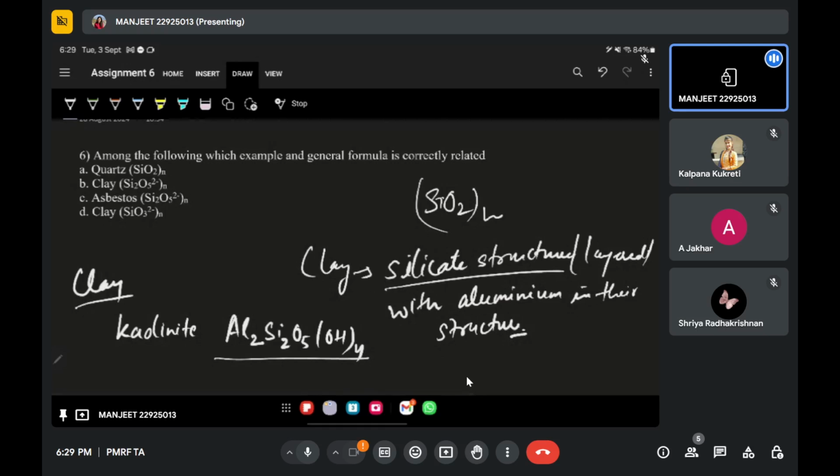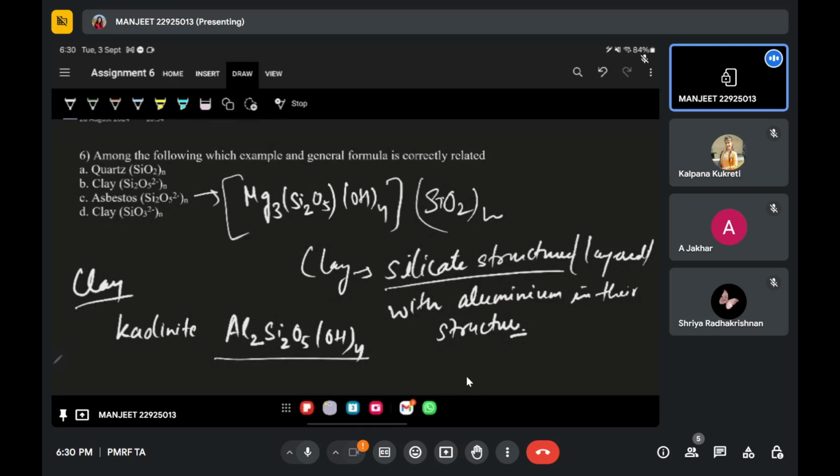Okay. The asbestos is the silicate mineral, but they are having the fibrous one, and these are having the structure like that Mg3Si2O5(OH)4.